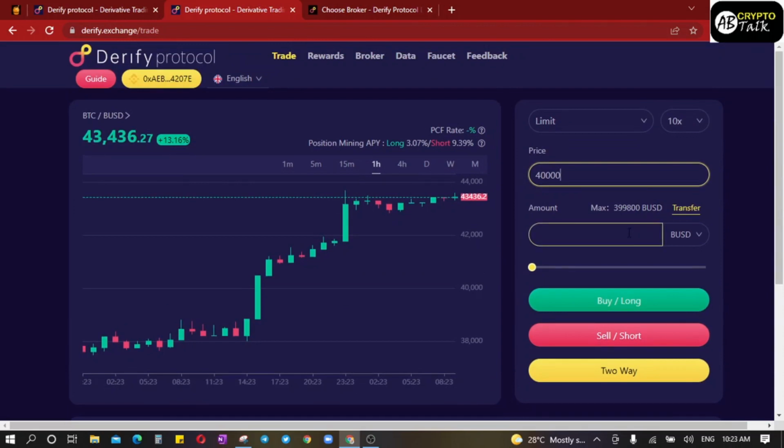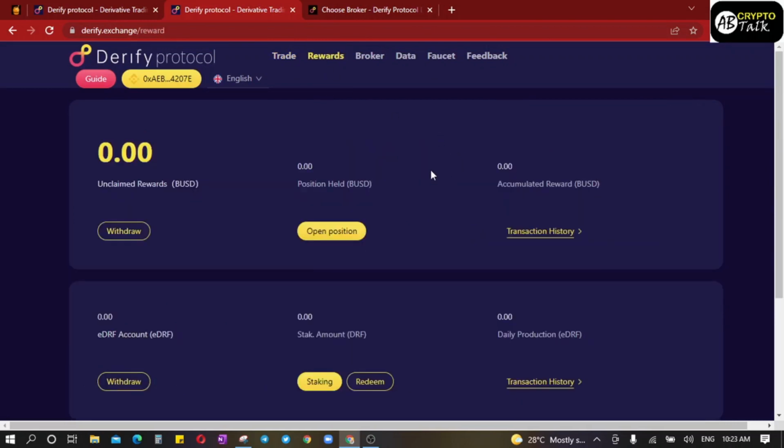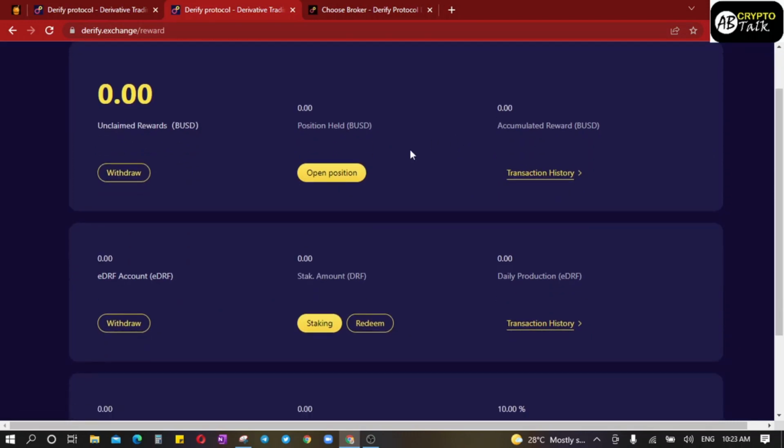Okay, now that we have entered the position and closed the position, let's go to reward and see what we have here. You can see on claim reward, we have none. If we have gotten a reward, you can claim.